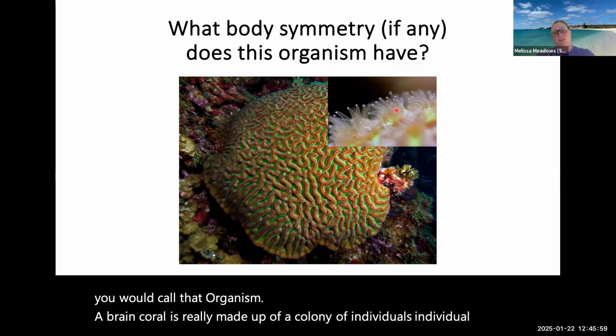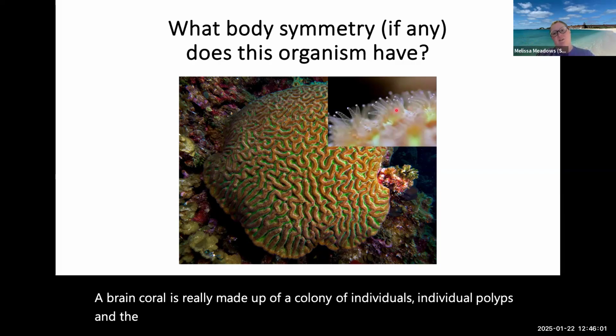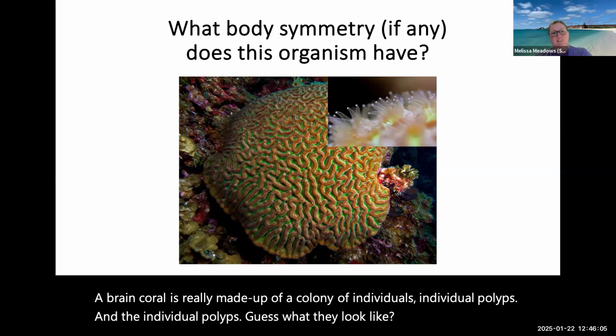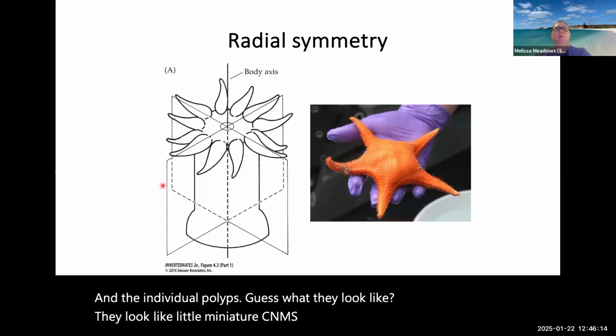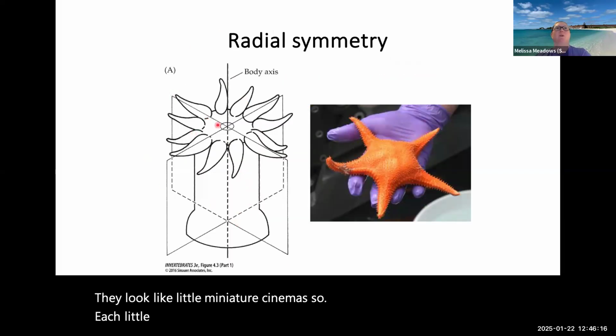And guess what they look like? They look like little miniature sea anemones. So each little polyp making up a coral is like this, just like a sea anemone.